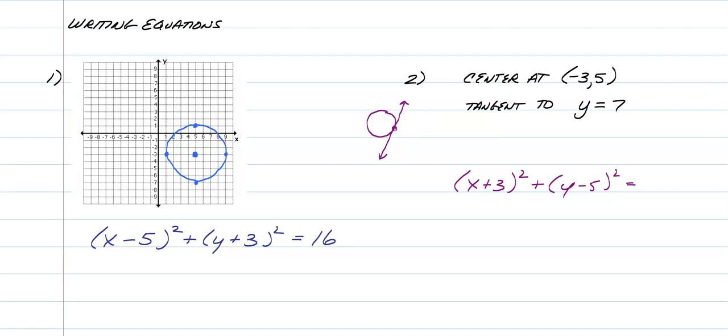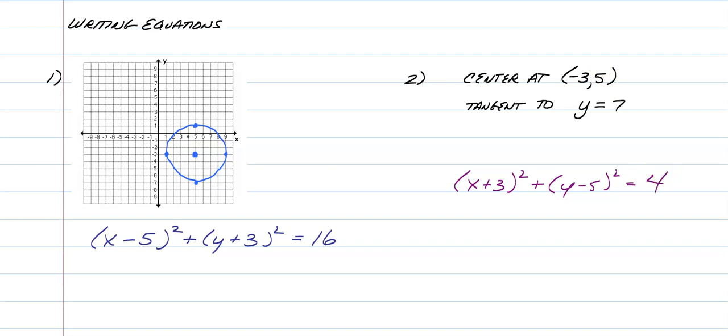So if we know where the center is, and if we know where a tangent is, all we have to do is figure out how far away we are from the center to the tangent. You can do this a couple of different ways. This says y equals 7. The y coordinate of your center is 5. So how do you get from 5 to 7? It's 2. So your radius is 2, which means over here it's 4.